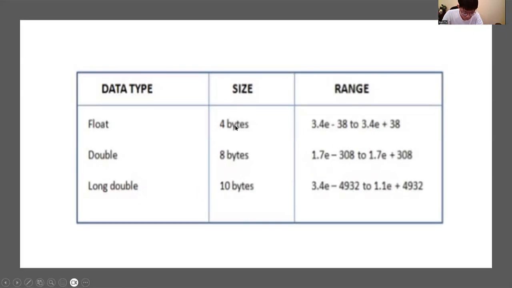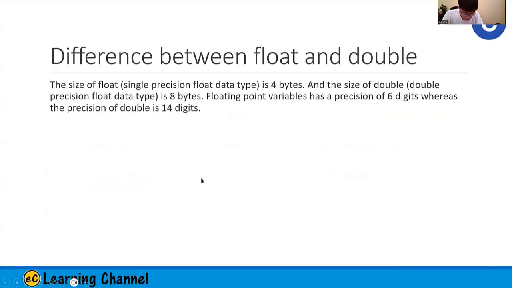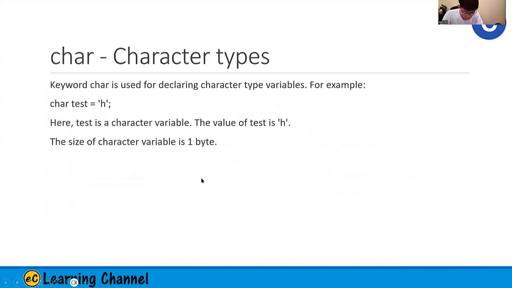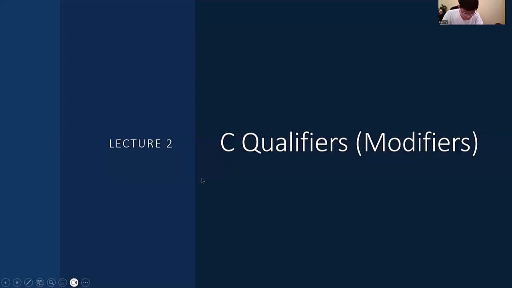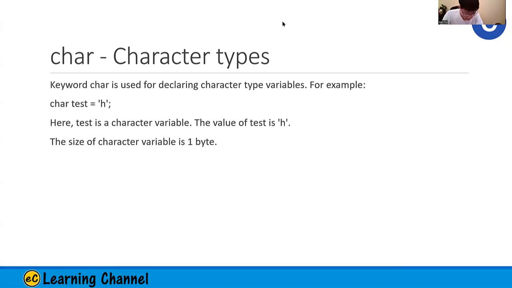So these are the float, double and long double. So character, you use a single quote like Java, okay? And then double quote for string, but we'll talk about string later, okay?